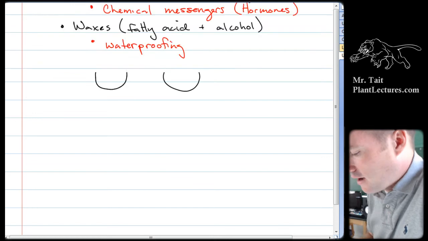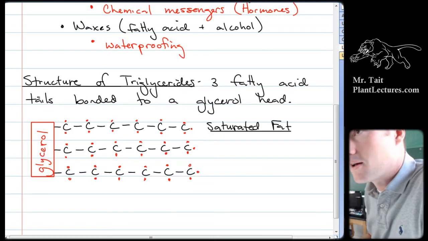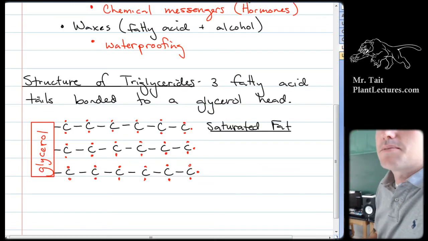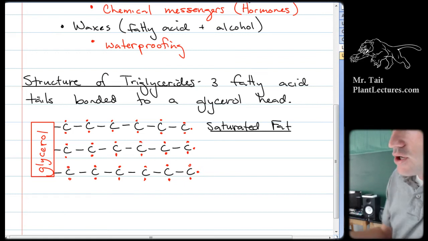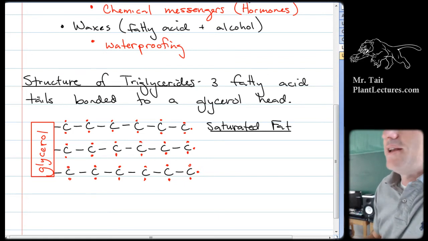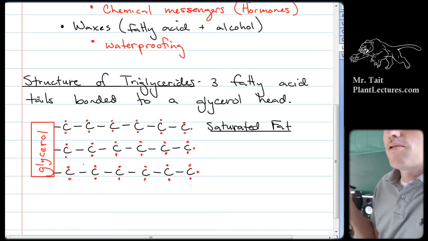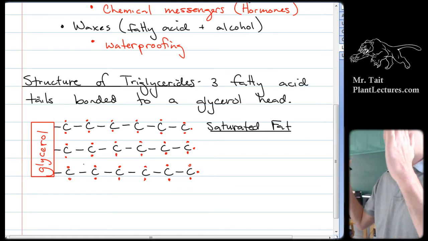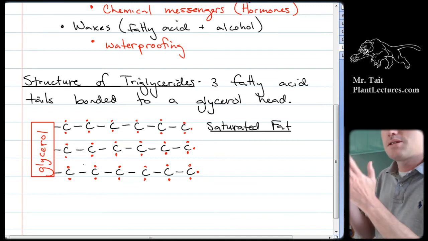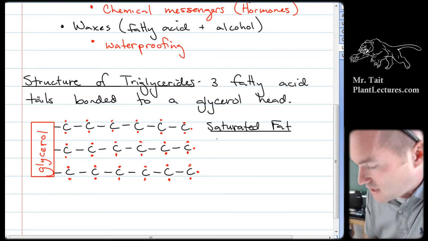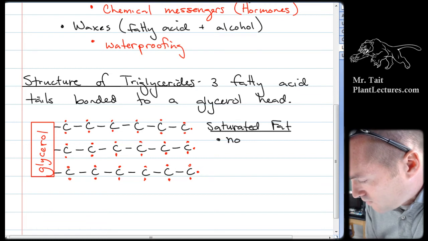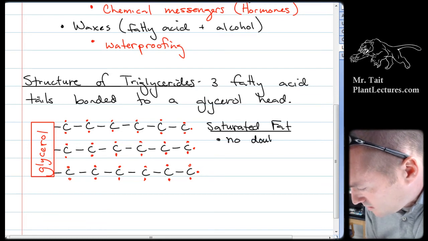And so this is going to allow for these tails to sort of orient themselves in a way where they're laying nice and perfectly flat, all right? So that's going to result in the saturated fat not only having tons of hydrogen in it, as much hydrogen as it can, but it's also going to result in it becoming very dense. Okay, so this is densely saturated. So we can say that there's no double bonds in here.